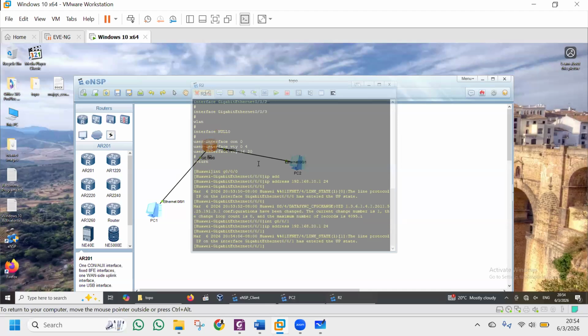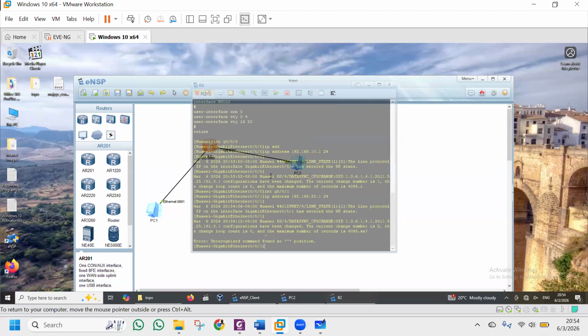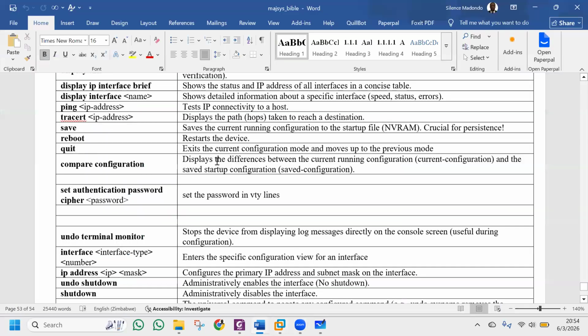Let me save. How do you save configurations on Huawei? Save. It's actually save.